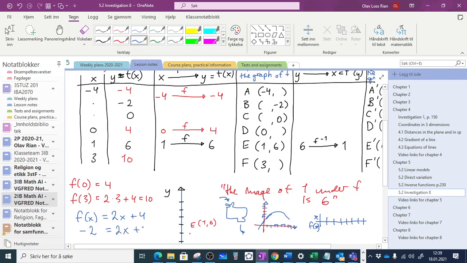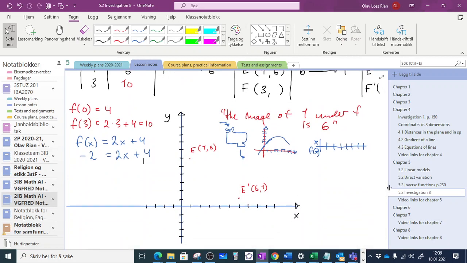So we can set up this equation here. Minus 2 equals 2x plus 4. And we have to solve this for x. So we're allowed to do the same thing on both sides. We can subtract 4 on either side. Minus 4, and that gives us minus 6 equals 2x, and x equals minus 6 divided by 2, x equals minus 3.